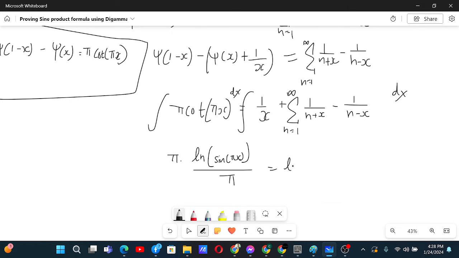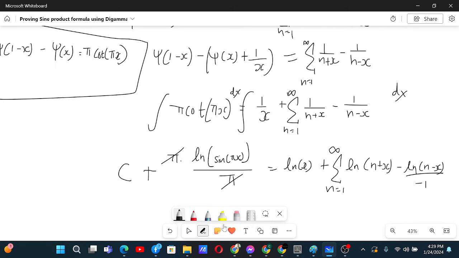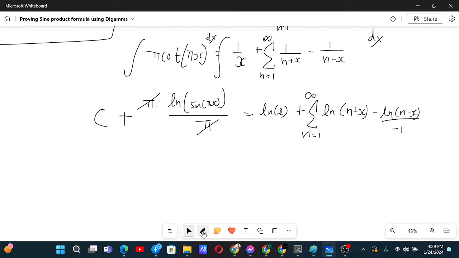Over here we have ln x plus sum from n equals 1 to infinity of ln of n plus x minus ln of n minus x by minus 1, and also a constant should be there. So let's add a plus c on this side, because we're doing integration we need a constant. Pi cancels out, and the minus minus will become plus.